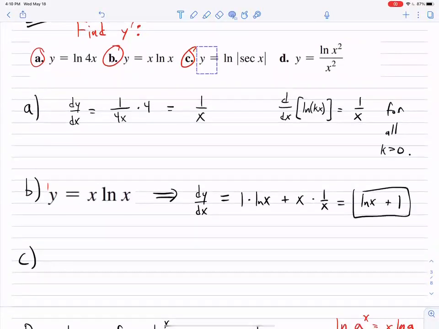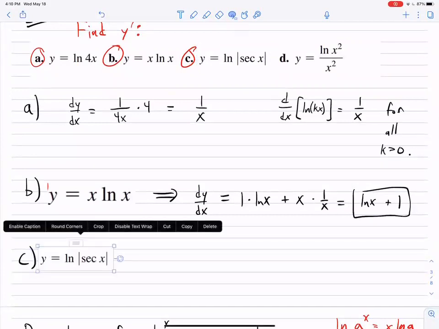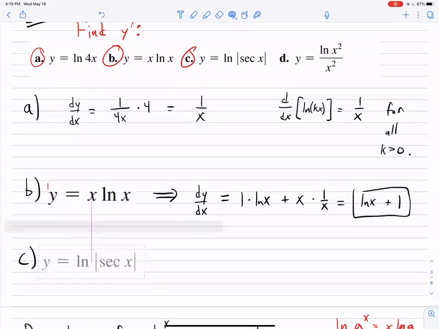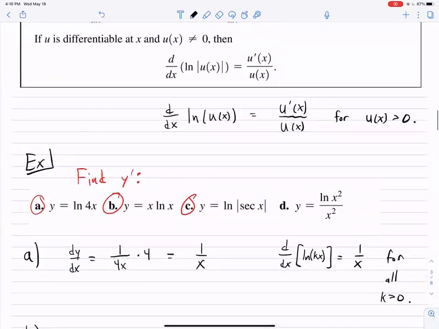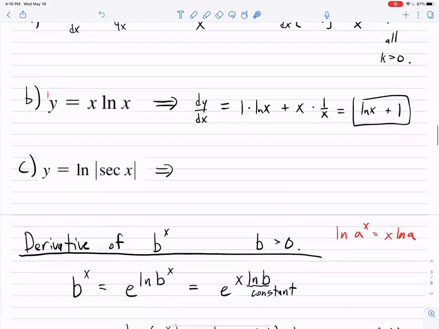And then finally, let's just do this guy. And so because of the chain rule, the derivative of the natural log of the absolute value of u of x is just u prime of x over u of x.